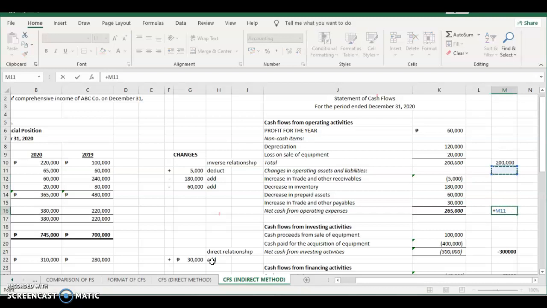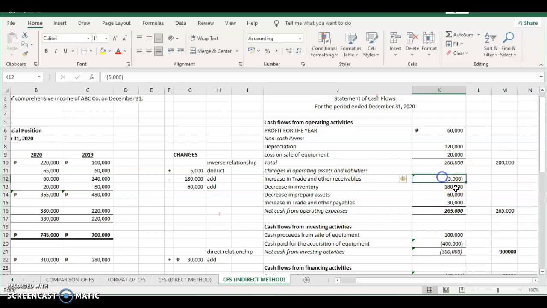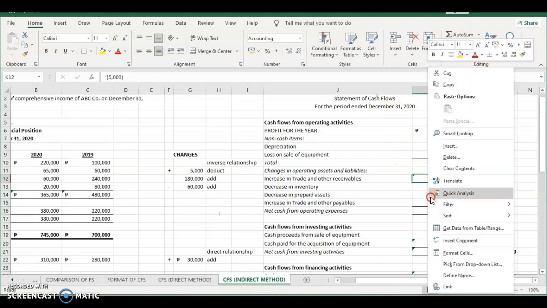Gawa tayong formula here. So, we have 180, 60,000 plus 30 less 5,000. Ma'am, bakit hindi mo kinlik to? Kasi naka-open and close parenthesis siya. Tingnan mo, hindi masasama si 5,000. Pag gumawa tayo, i-highlight natin sila.